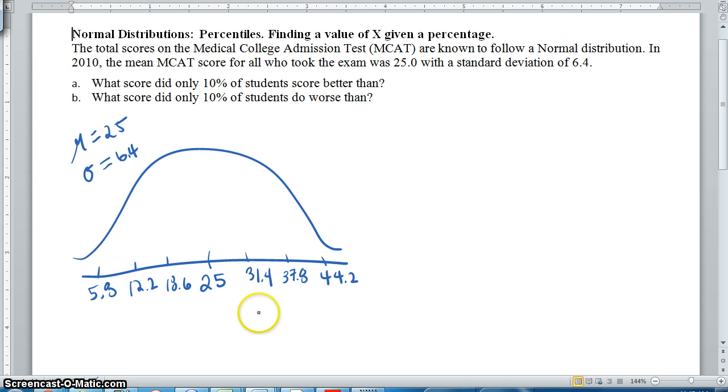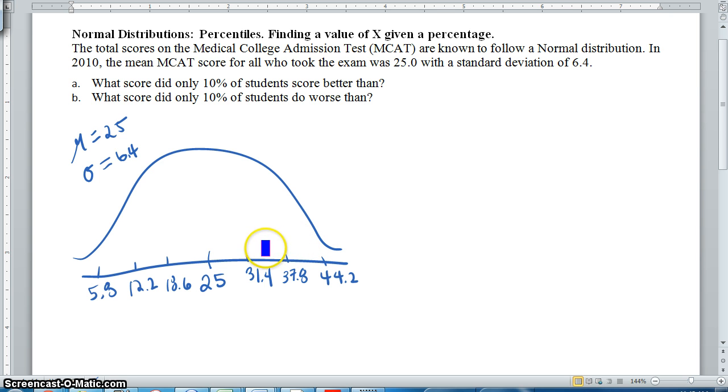So once we've drawn in our distribution, let's go ahead and see what we're supposed to find. So what score did only 10% of students score better than? What we're going to try to find here is basically a value when we're given a percentage. So let's go ahead and shade in the region that we're talking about. This we know from the 68, 95, 99.7 rule is that anything above this 37.8 will be about 2.5%, and anything above 31.4 will be about 16%.